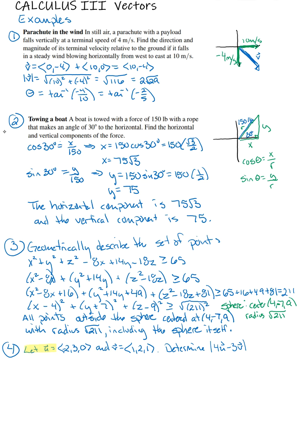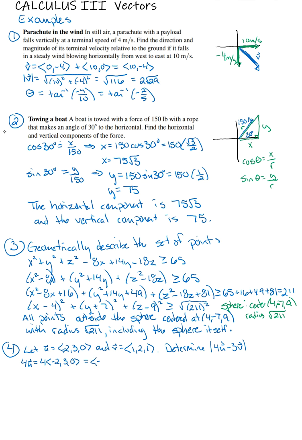On to example 4. We have two vectors. U is -2, 3, 0, and V is 1, 2, 1. Let's determine the magnitude of 4U minus 3V. I'll do this in pieces. Let's first write out what is 4U. Well, 4U is simply 4 times each component of our vector.